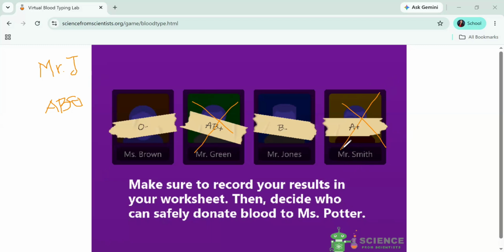And we can have blood donations from Miss Brown because she is O negative, classified as the universal blood type. And then Mr. Jones is B negative, so it can also be accepted. AB negative can accept any blood type, but only if it's RH negative. So that's it.